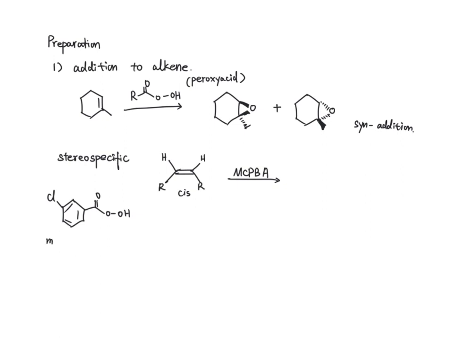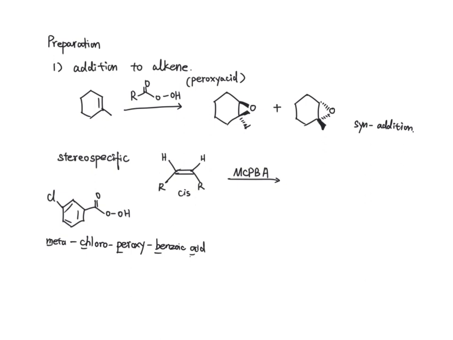So this is meta, and the chloro is C, peroxy is P, benzoic acid. MCPBA, you will start to hear this a lot. MCPBA. Okay, so basically that is a peroxy acid.